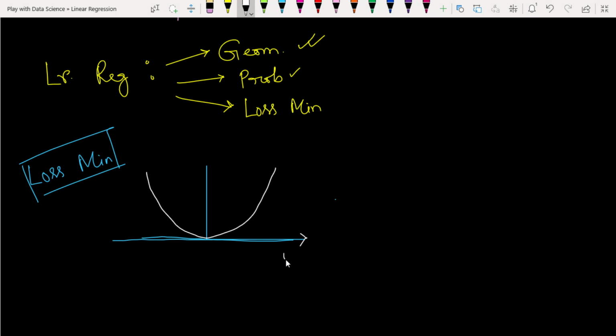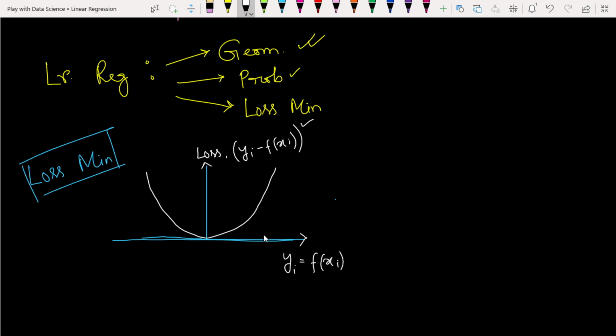If we call the fitted value yi hat equals f of xi, then loss means yi minus f of xi, which is actually the error, squared.